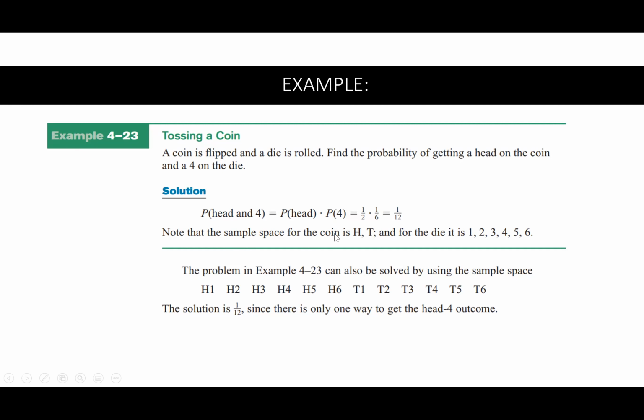Note that the sample space for the coin is head or tail, which has 2 outcomes, and for the die it has 6 outcomes. So we can further solve this by listing all the sample spaces: head with each die number, and tail with each die number. The solution is 1 by 12, since there is only one way to get the head and 4 outcome.